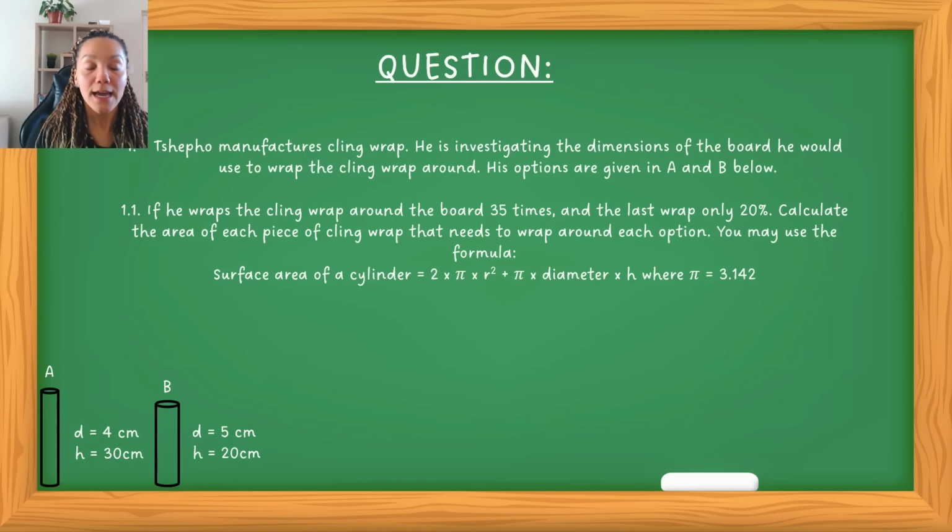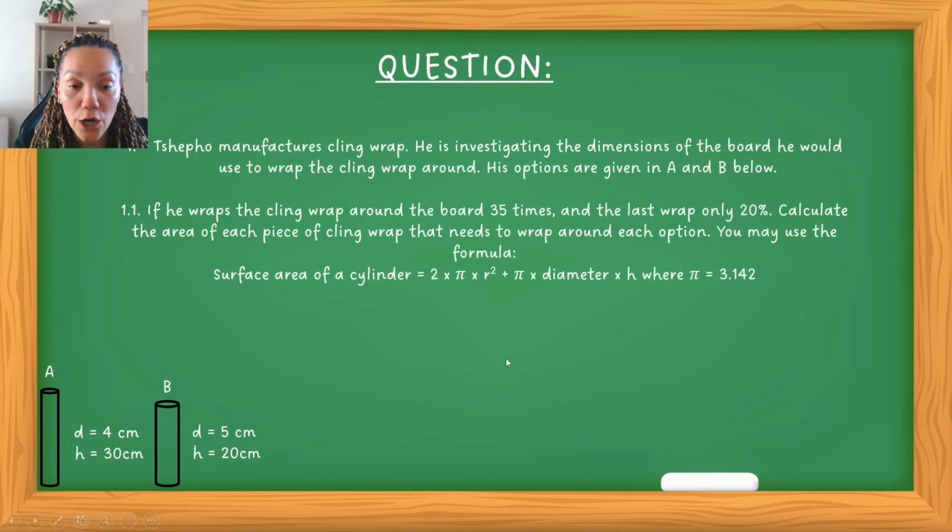But the formula they're giving you is the area of the entire cylinder, including the circles. So they expect you to know to leave this part out of the equation when you're answering this question. Because yes, this is the surface area of a cylinder, however, the question is only interested in the second part: pi times diameter times height.